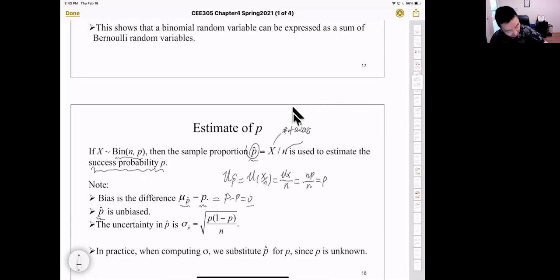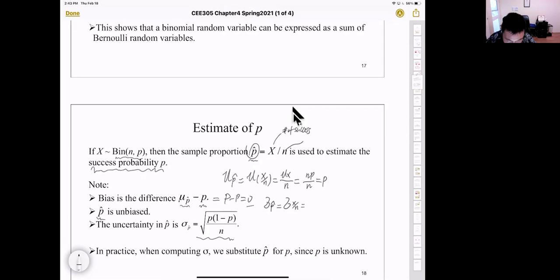Then let's look at the uncertainty. The uncertainty for sample proportion is this. And how do we get that? So the uncertainty of sample proportion is equal to sigma x over n.